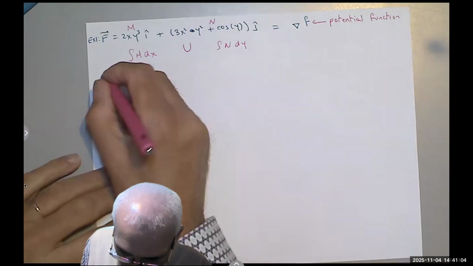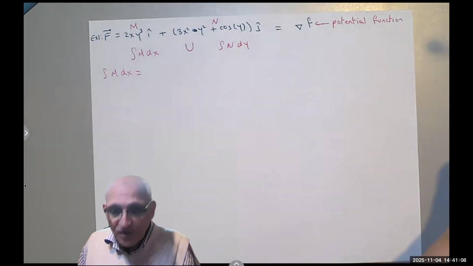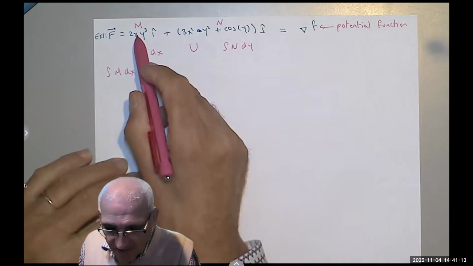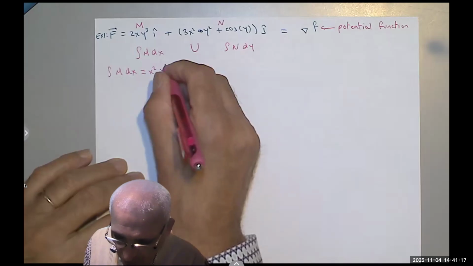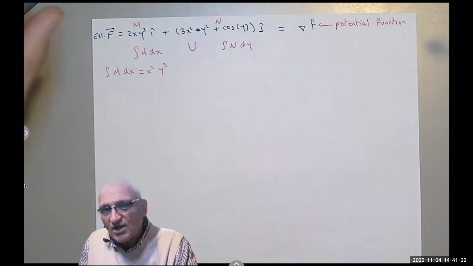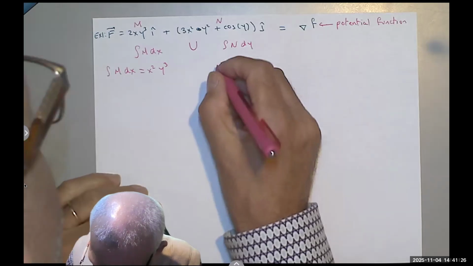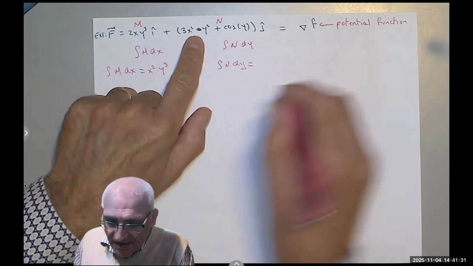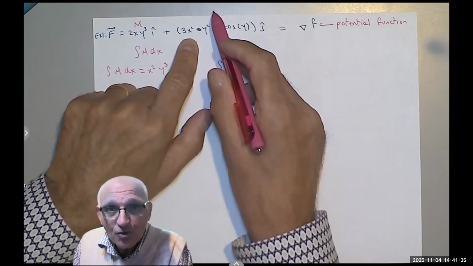So let's start with the integral of M dx. You see, it's so easy to integrate because it's only x, integrating with respect to x. So the x becomes x squared over 2, the 2 and the 2 cancel, and you get x squared y cubed plus a constant that is a function of y, but I'm going to ignore it for a second. Then I'm going to take the integral of N with respect to y. When I integrate with respect to y, the 3x squared is a constant. The y squared becomes y cubed over 3.